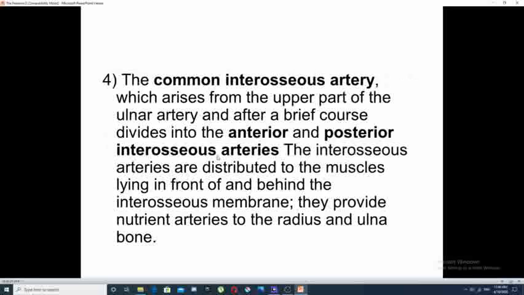It arises from the upper part of the ulnar artery, and after a brief course it divides into two important branches: the anterior and posterior interosseous arteries. They are distributed to the muscles lying in front and behind the interosseous membrane, and they provide nutrient arteries to the radius and ulna.